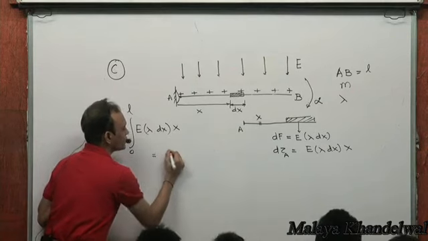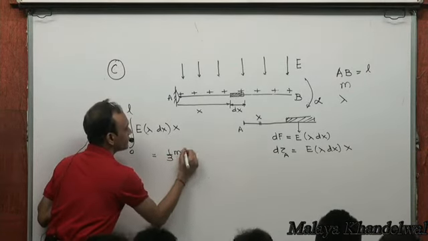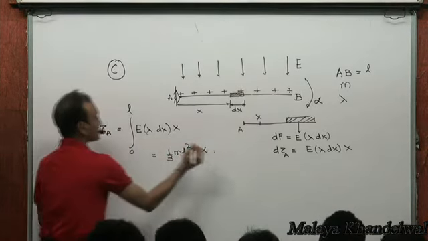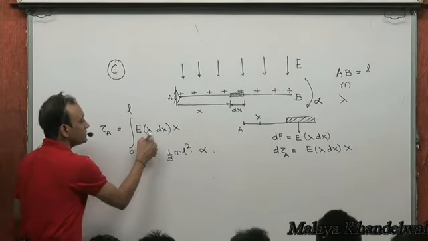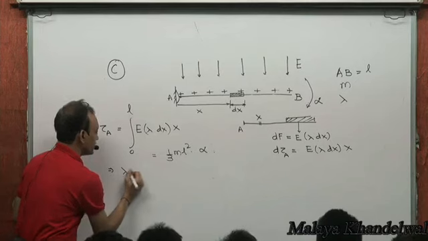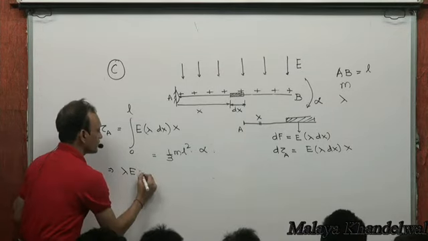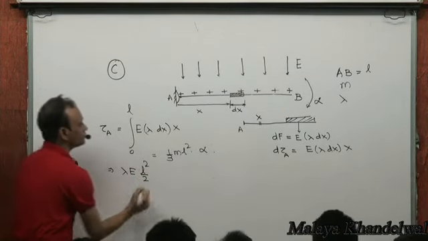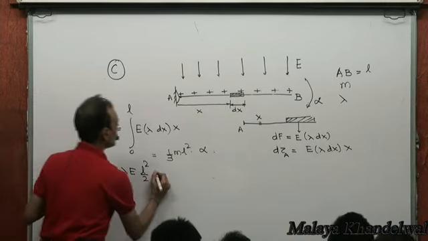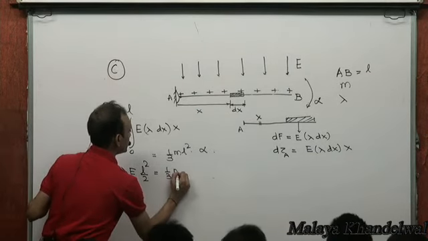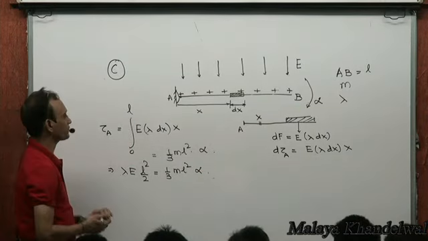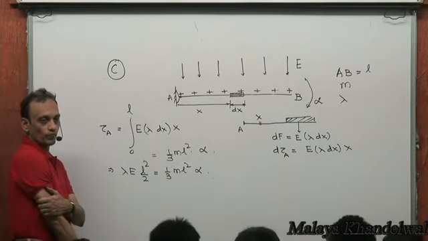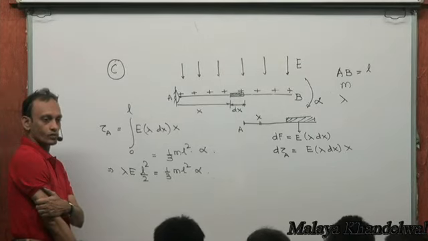I about A is 1/3 mL squared, into angular acceleration alpha. And E and lambda will come out. Lambda E times integral x dx will give me L squared by 2, equal to 1/3 mL squared into alpha. Yes or no? Clear?